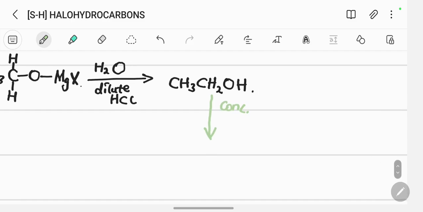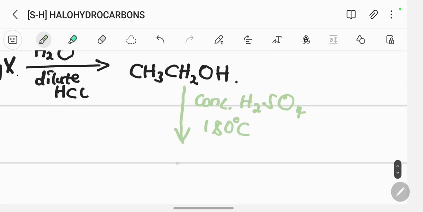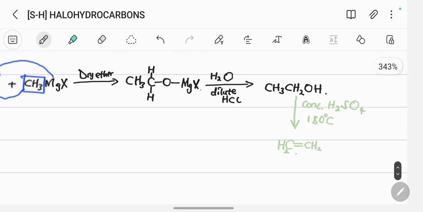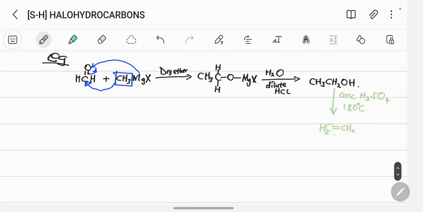For conc, it's allowed, concentrated sulfuric acid at 180 degrees Celsius to give us C double bond C, H2, H2. So those are the alkenes. So if you want an alkyne, you halogenate that alkene.